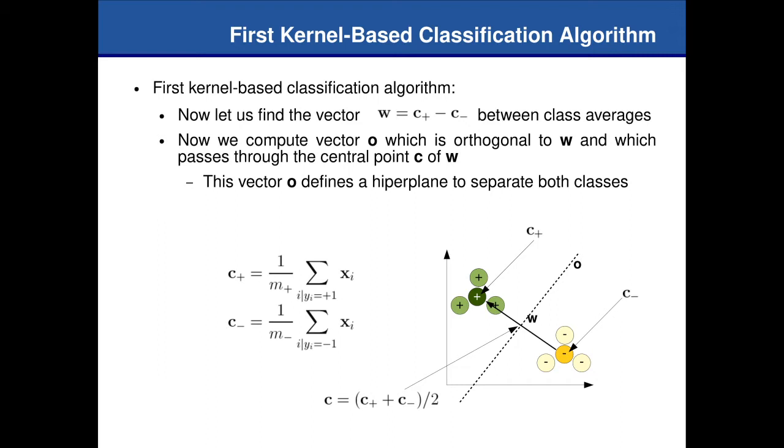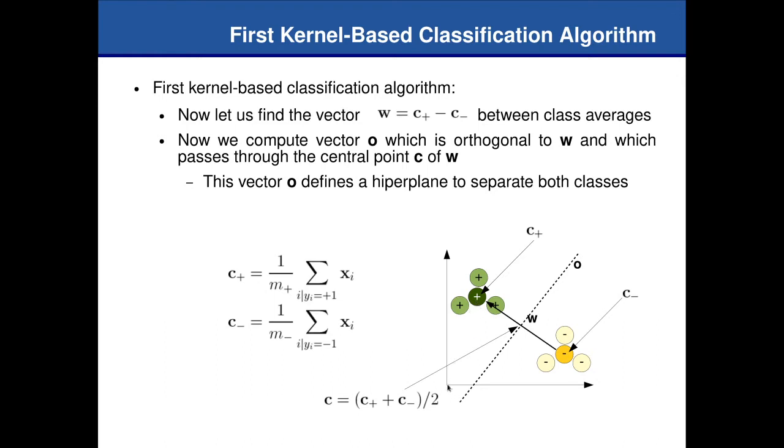My point now is I must find this vector W over here. This vector W is the same as the positive central point minus the negative central point. So it's going to be a vector. Of course, this positive central point over here is a position vector that starts at the position 0, 0 and goes up to here.